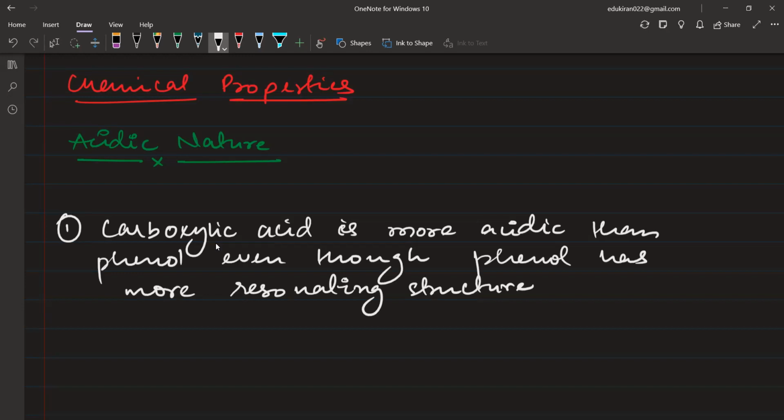Even though phenol has more resonating structure. What is the reason for this? किसी को नहीं याद reason?